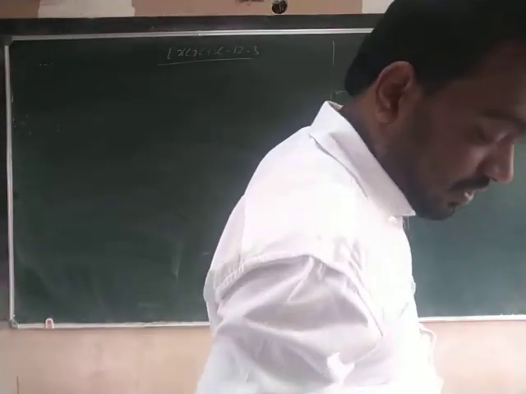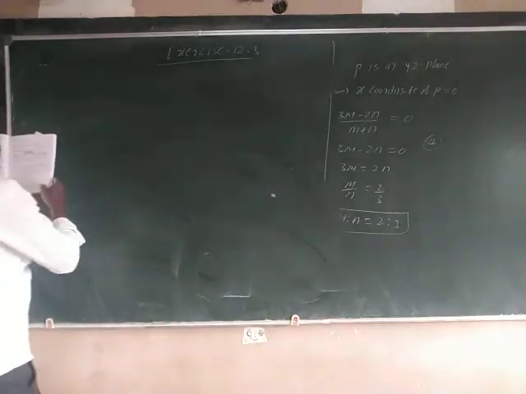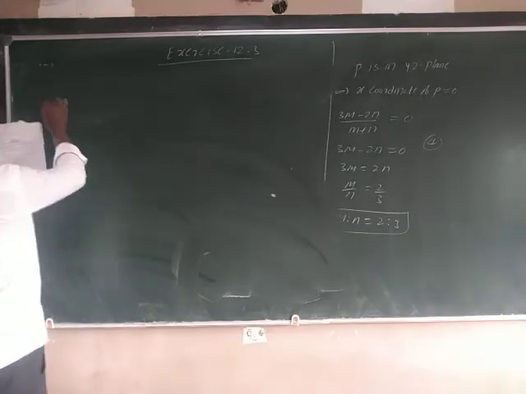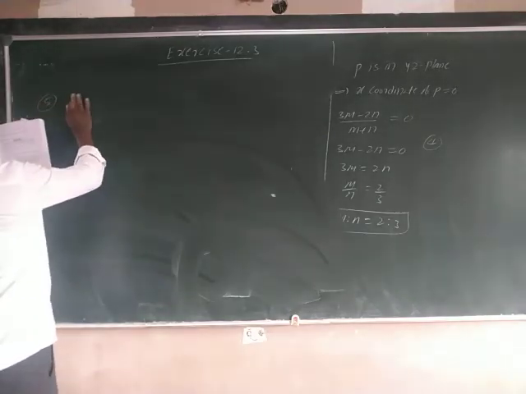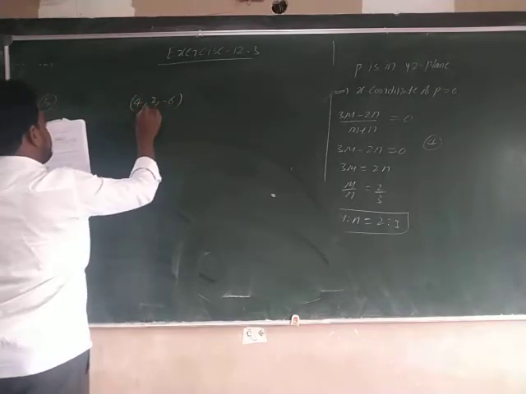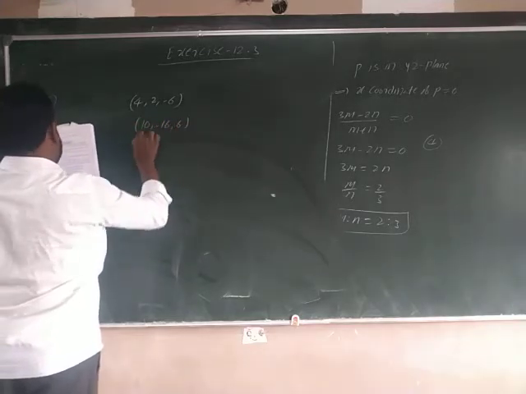Fifth question: find the coordinates of the points which trisect the line segment joining the given points (4, 2, -6) and (10, -16, 6).